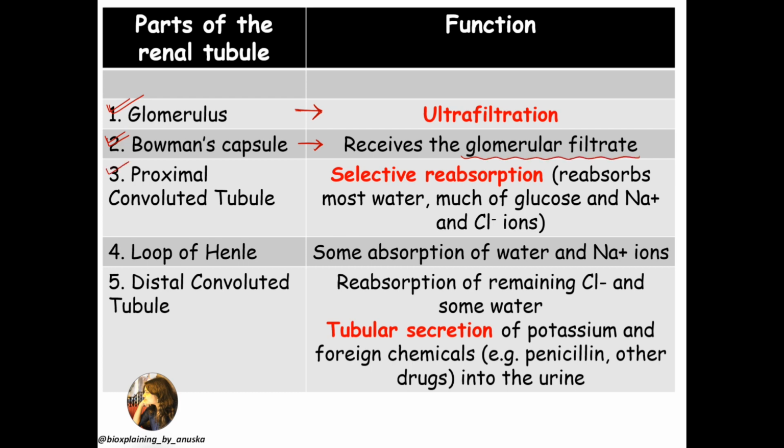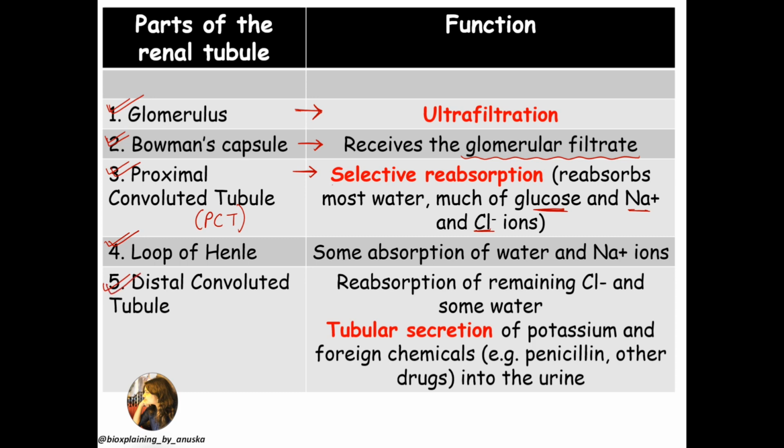Then we have the proximal convoluted tubule, the next part, which is abbreviated as PCT. It has the role of selective reabsorption. That is, it is going to take back most of the water and usable substances like glucose and the salts, that is Na+ and Cl- ions. Then we have the U-shaped part, the loop of Henle, that continues the role of selective reabsorption of water and sodium ions.